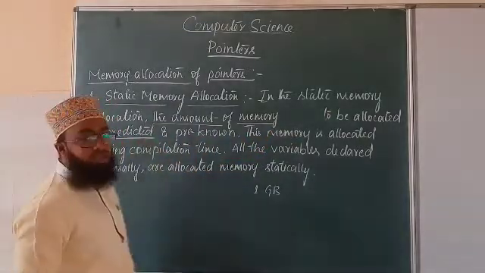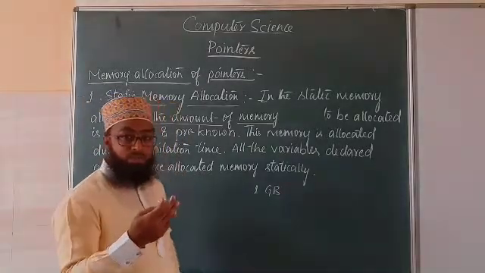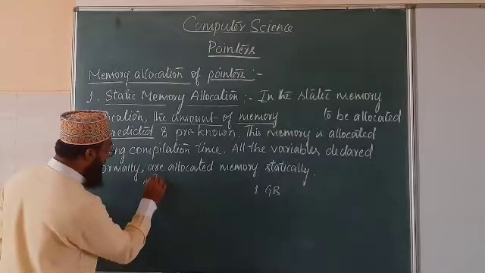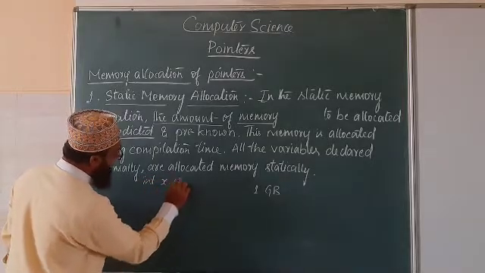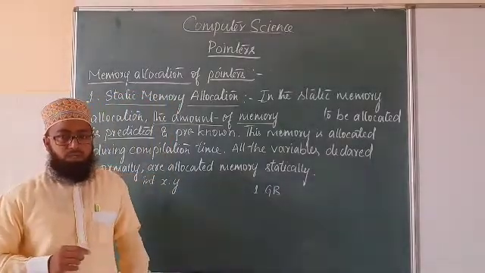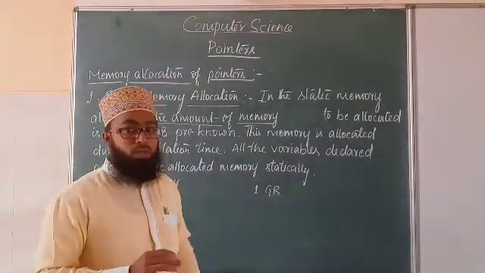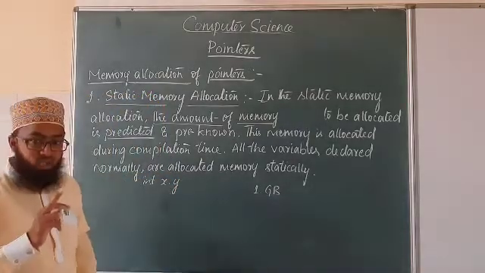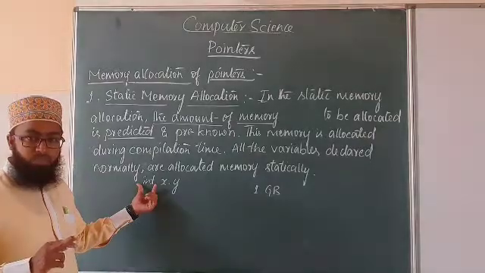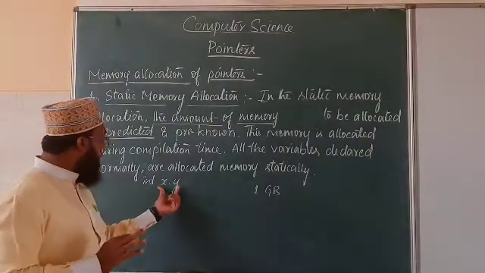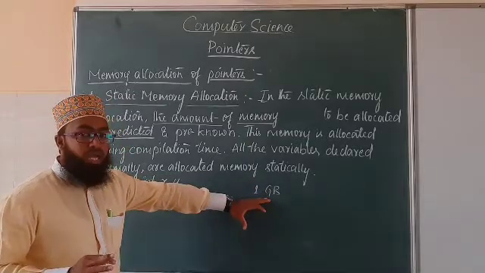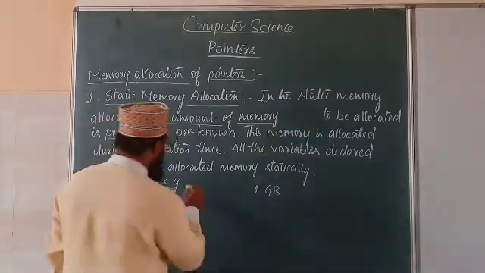Predicted means readily kept. Think that we are having two variables of integer type, one is x and another one is y. According to memory allocation, 2 bytes of memory is allocated for each variable of integer type. Then we are having x and y too. It means 4 bytes of memory has to be allocated from 1 GB.